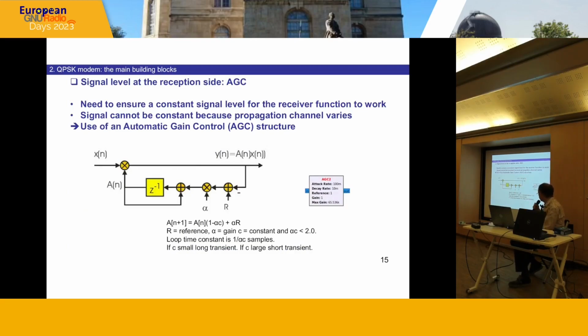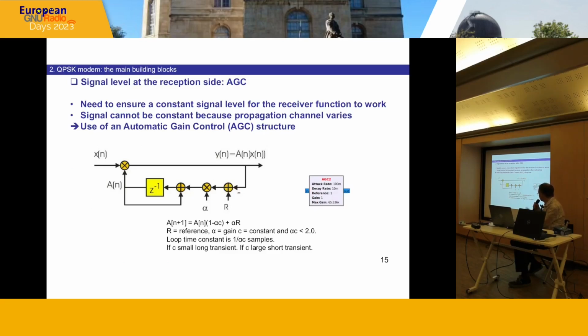So it's again a loop. R is simply the reference. You set it to 1 volt, for example, and alpha is a coefficient to adapt the reaction of your loop.